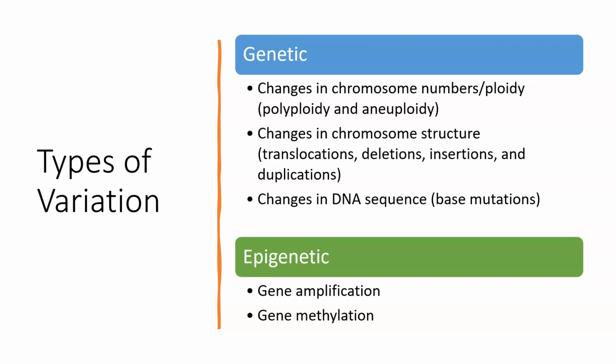Typical epigenetic related events are gene amplification and gene methylation. If no visual morphogenic changes are apparent, other plant screening procedures must be applied to detect somaclonal variation in plant tissue culture.